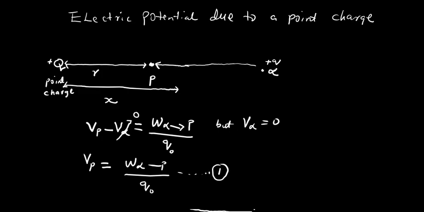Now, by Coulomb's law, there is going to be an electrostatic force between the point charge and this test charge. Remember that we brought this test charge to this point.